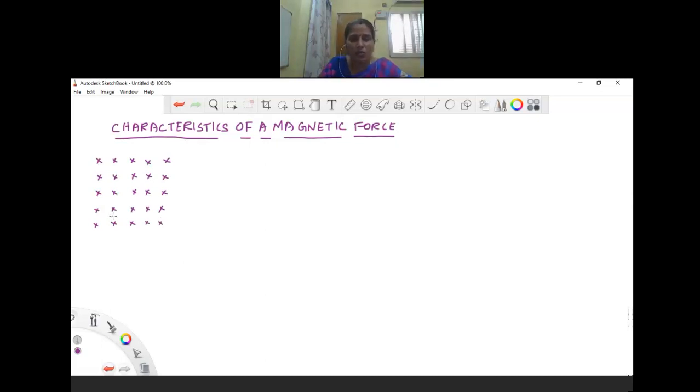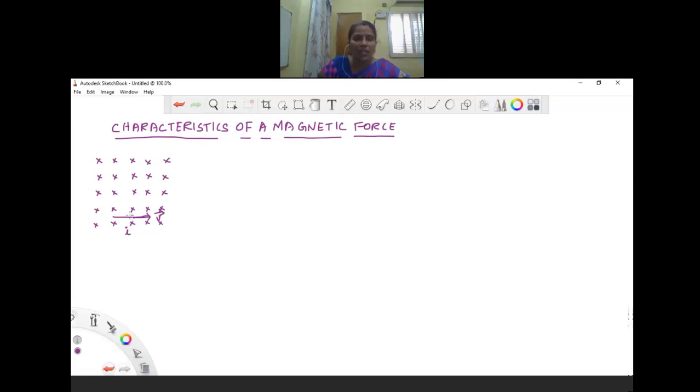Now let us assume this is the direction of the moving charge. That is, a conductor is placed here, and the current is moving along this direction. So we can mark this is the direction of the current, and we can also write this is the direction of the moving charge or velocity.